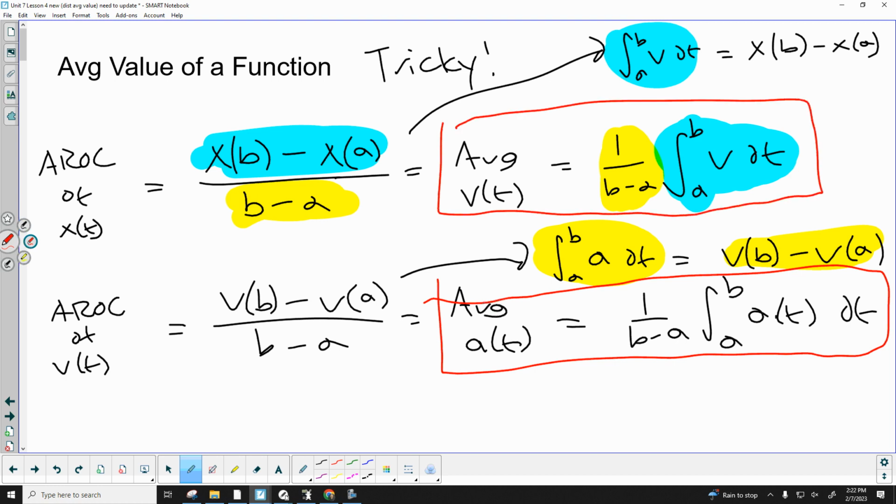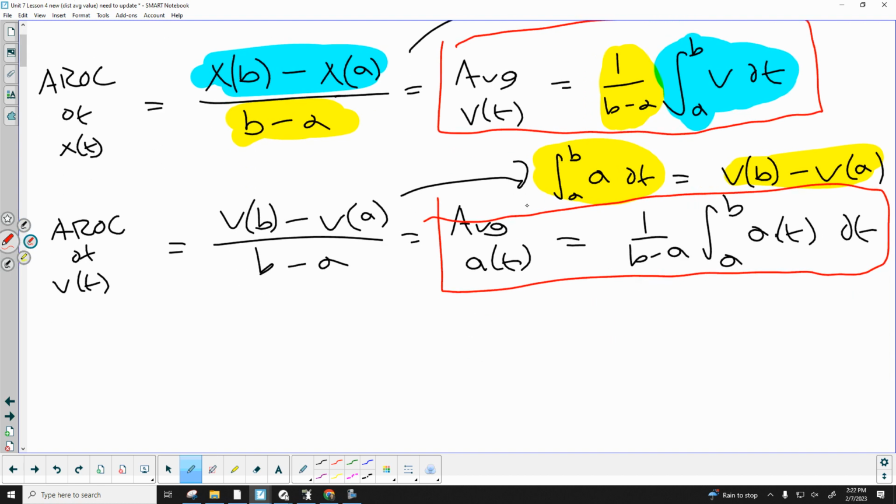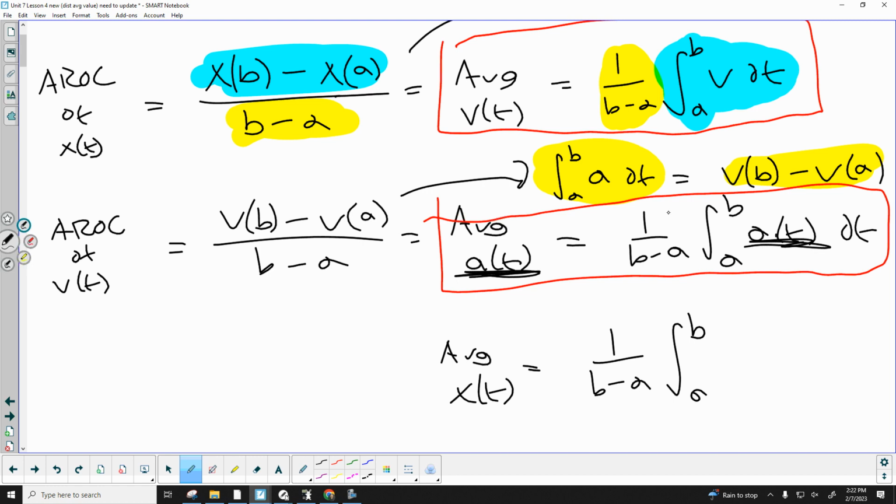Now, the next one is where it blows students' minds. If I ask you about an average position, like where are we located on average over an interval? If you follow these formulas, you'd say, well, it looks like it's 1 over b minus a, integral from a to b of, well, average a, I need a in an integral.